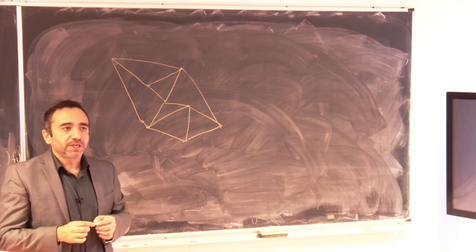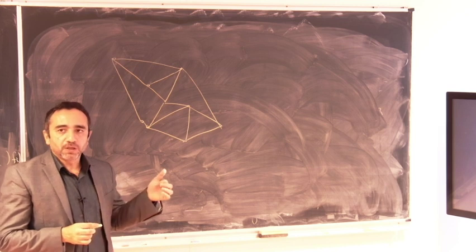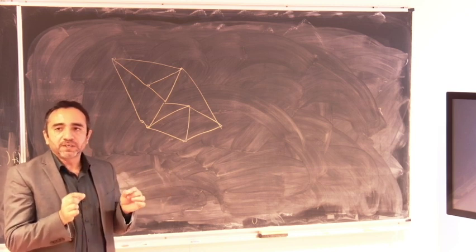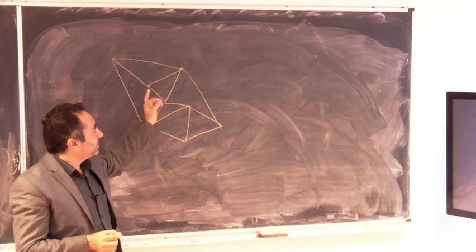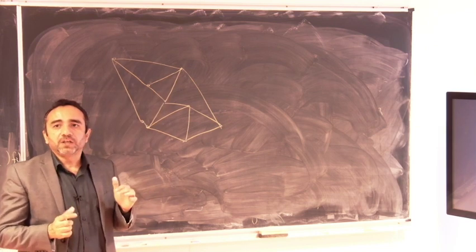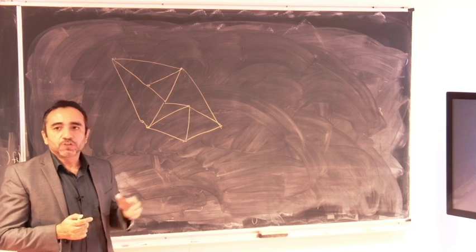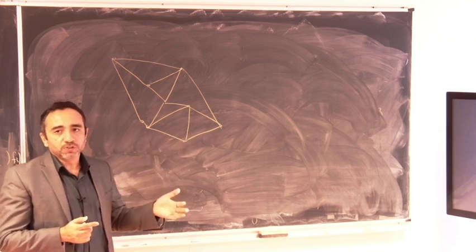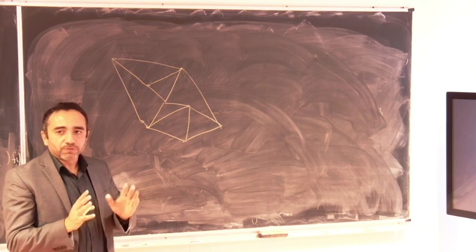What does it mean? It means: can we color the vertices of this graph in a way that any two adjacent vertices, vertices sharing an edge, have different colors? Okay, so this is a problem from graph theory which we can solve using the technique of Gröbner basis. That's what we are going to do.